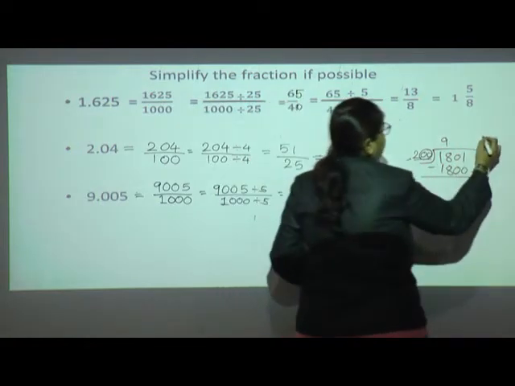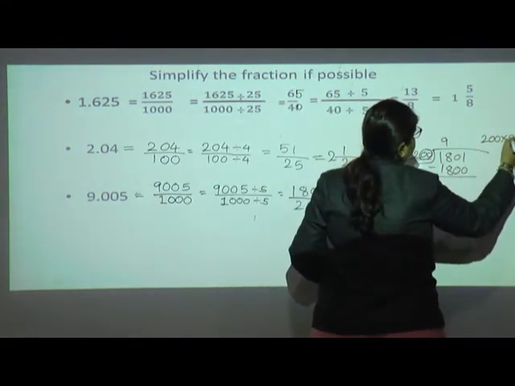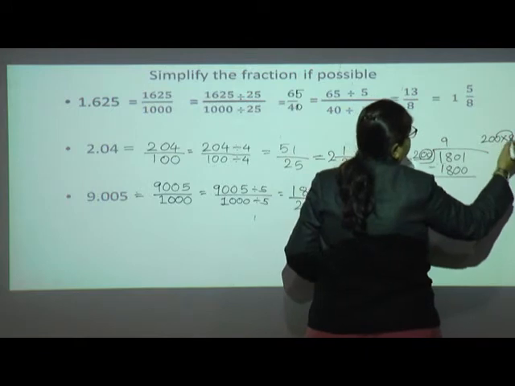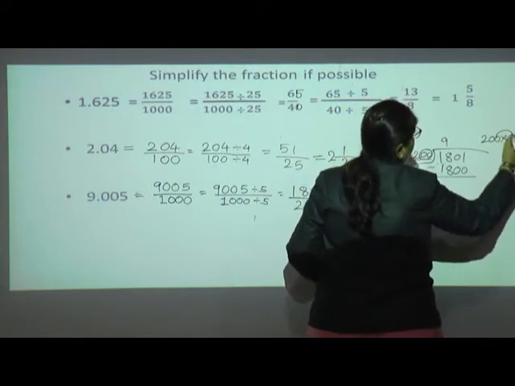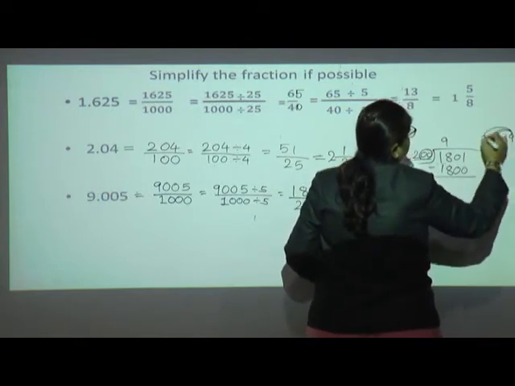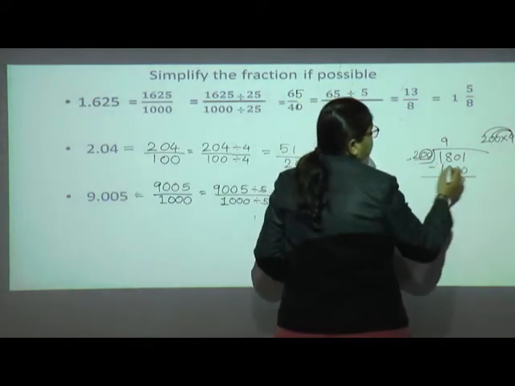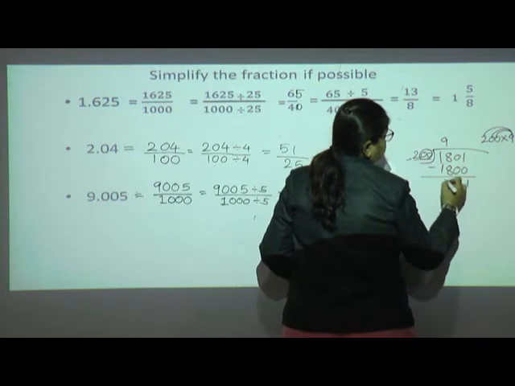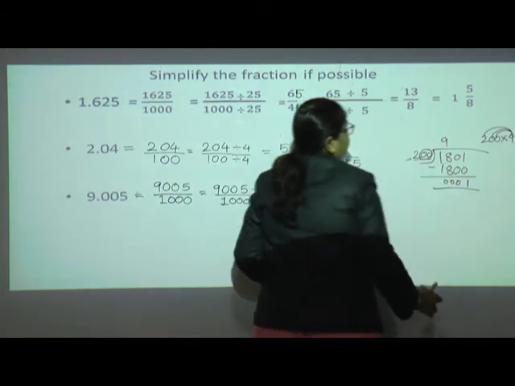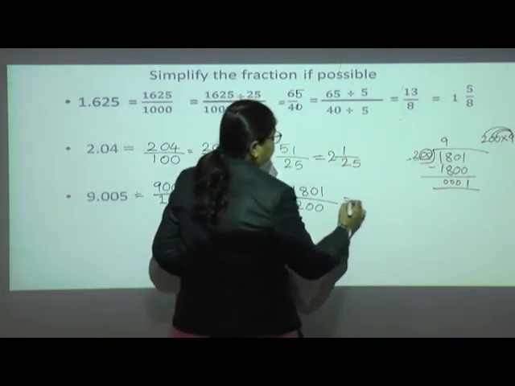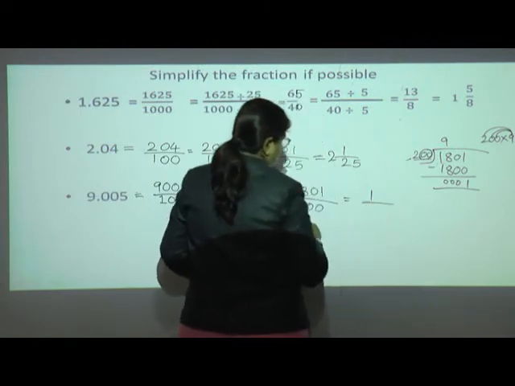If you don't understand, I will show you here. 200 multiplied by 9. This you know very well. 9 zeros are 0. 9 zeros are 0. 9 twos are 18. What I have written is the same. Now do the subtraction here. 1 0 0 0. What is in the remainder is 1, which will be written as the numerator.